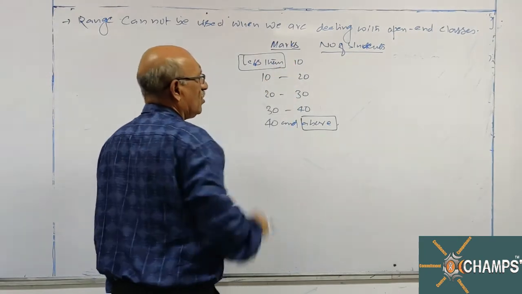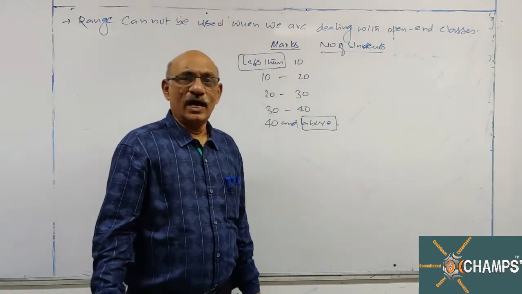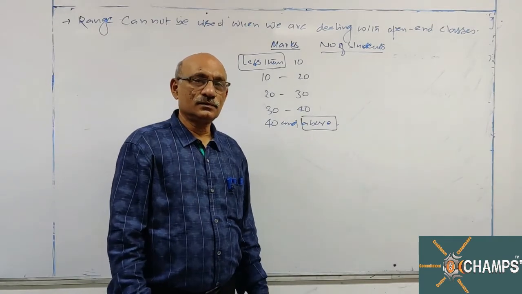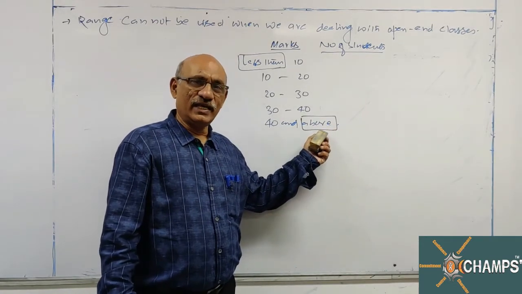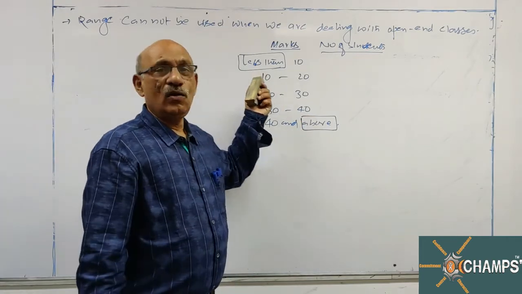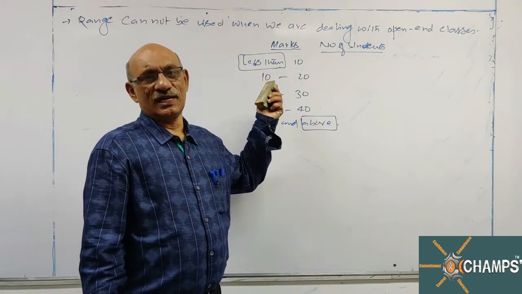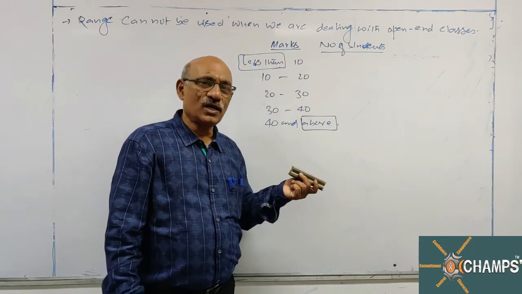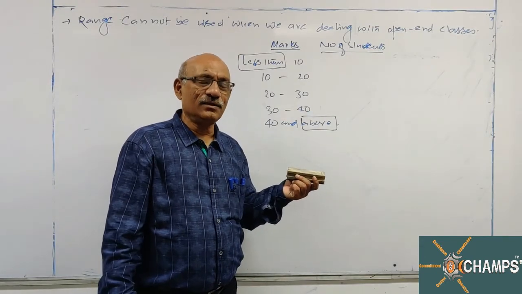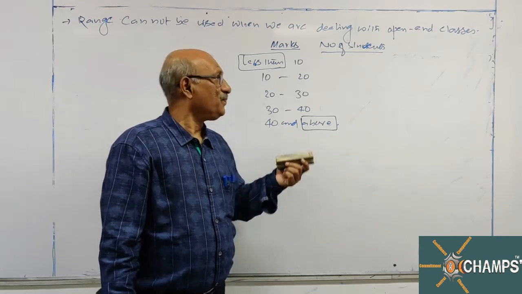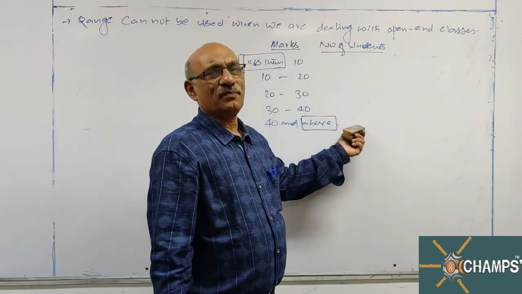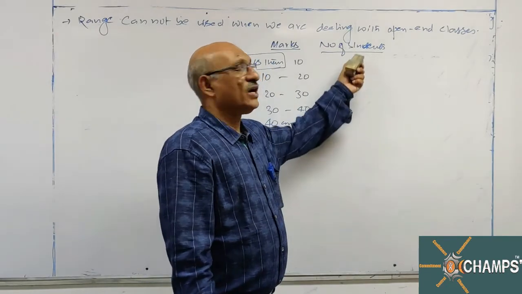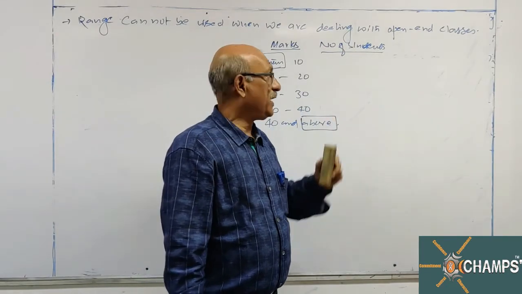I cannot calculate range when I don't know the upper class boundary of the highest class and the lower class boundary of the smallest class. For open-end classes these two values are not given, so we cannot calculate range. Here I am not representing frequencies, because for calculation of range there is no need to consider frequencies.